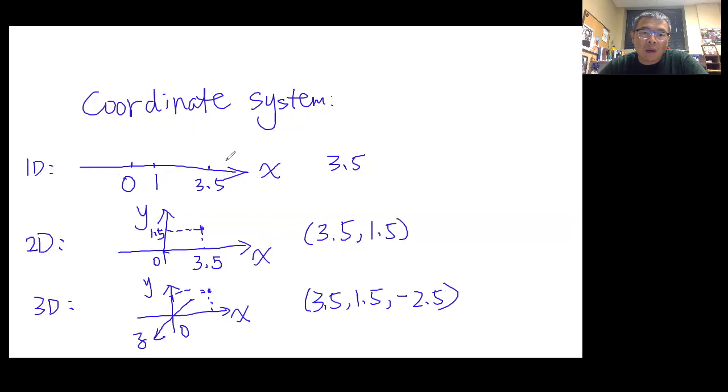For the 1D case, you only need one number. For the 2D case, you need two numbers. For the 3D case, you need three numbers. That, in some sense, defines the dimension of the space you have. Okay, that makes sense.